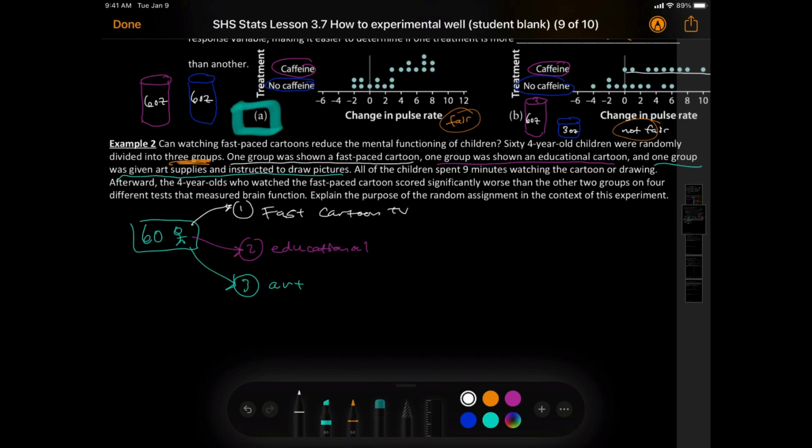The educational is also cartoon or TV. And I'm also going to explicit right here, no TV. So if you think about it, if you divide 60 into 3 groups, that means 20 went into each of these groups by some kind of random sample. All the children spent 9 minutes watching the cartoon or drawing. Afterwards, the 4-year-olds who watched the fast cartoons scored significantly worse than the other 2 groups on 4 different tests that measured brain function. Explain the purpose of random assignment in the context of this experiment.